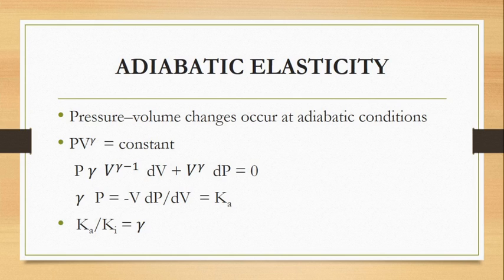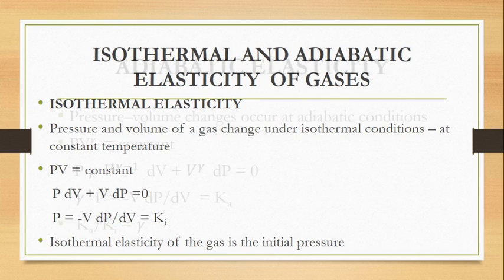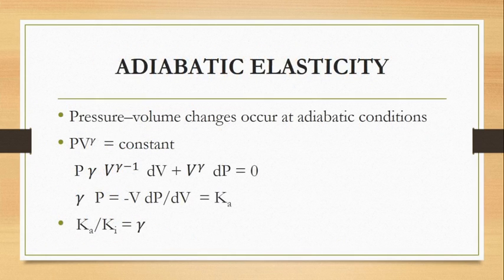In the previous slide we got Ki is equal to P. So here Ki is equal to P, here Ka is equal to gamma into P. So taking the ratio of Ka with Ki, what you will get? Ka by Ki is equal to gamma.